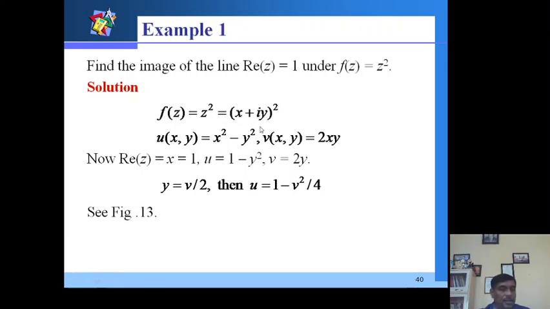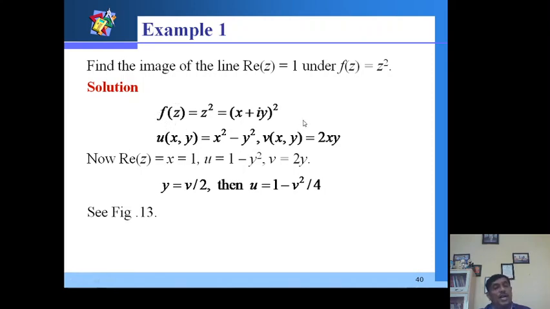So z square is x plus iy the whole square. If we expand this, it is the (a plus b) the whole square form, that is x square minus y square plus 2i into xy. Then f of z is u plus iv.